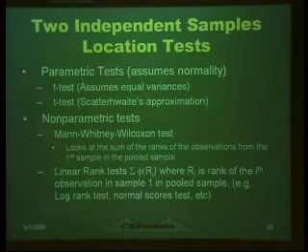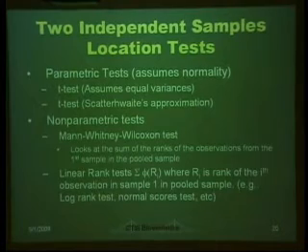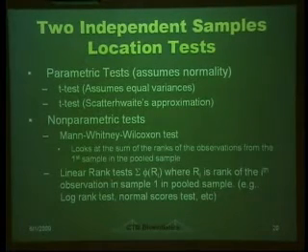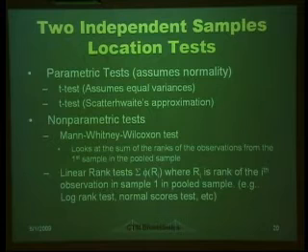And that t-test assumes equal variances between the two populations. And if that's not appropriate, then the test may not work well. There is another t-test that's used sometimes. It's called the Satterthwaite approximation that allows for different variances in the two groups. For non-parametric tests, we don't have to make that assumption.